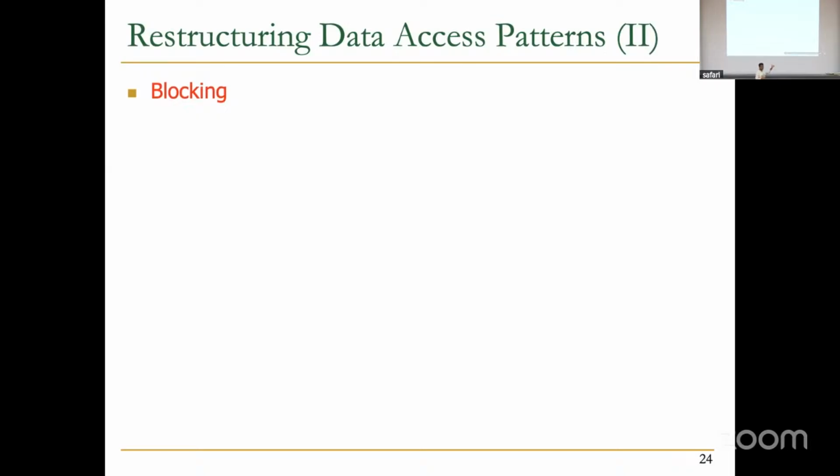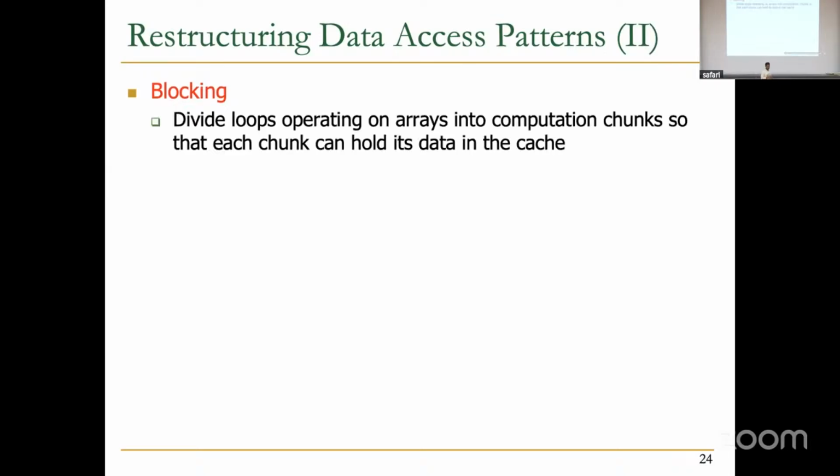Then there is another example called blocking. Blocking means that the matrix or the data structure that you are looking at, in its entirety, cannot fit inside the cache. But if you want to do computation on the entirety of the data structure, then you would need to pay the penalty of going outside the cache and having long memory access latency, right?